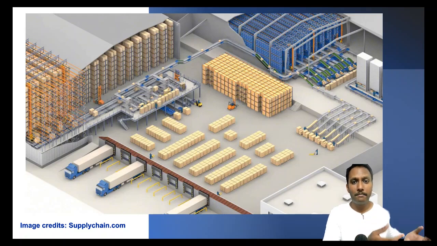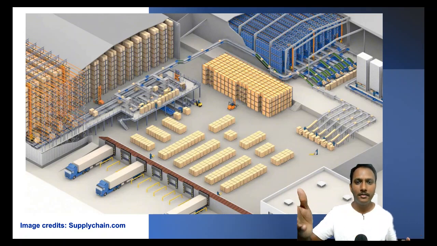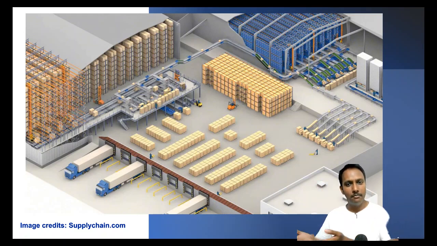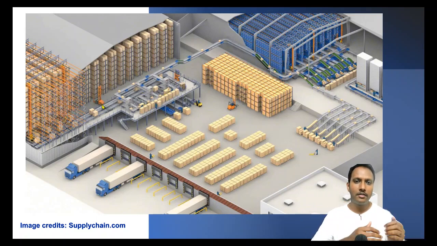If you have to pick some 1,000 pieces of a product, you may not find them easily available there. That's where you have to go to the bulk locations. Your forklift needs to travel, pick those bulk items, and bring them to the shipping area. So within the warehouse, you may have pick locations and bulk locations, and we talked about those locations now. Let's take a look at the outbound area.